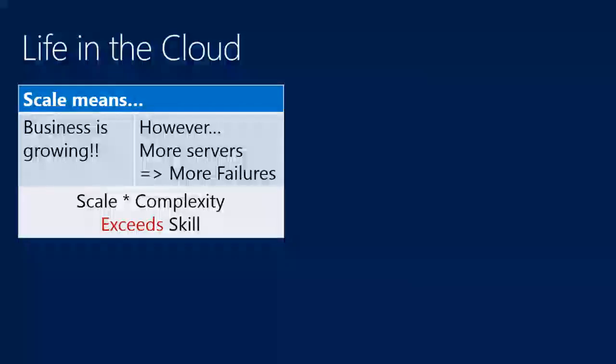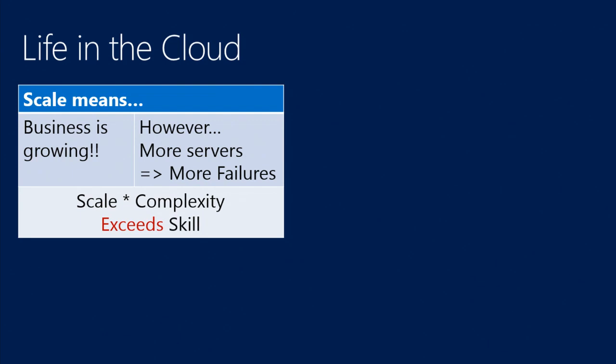Now let's talk about life in cloud. Everybody is moving to cloud. There's a lot of virtualization happening. And cloud is essentially needed for scale. Businesses are growing. You want to scale. Scale means you have more infrastructure to manage, more servers.